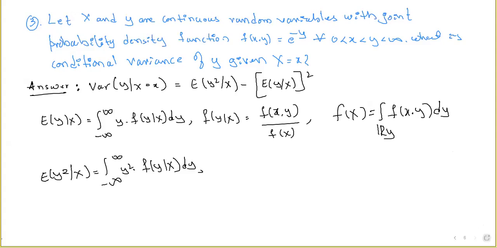Next, to find the first one, f of x equal to integration of f of x comma y dy over the range space of y, right?